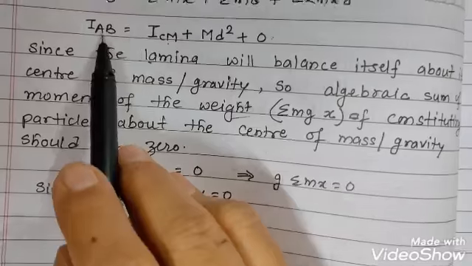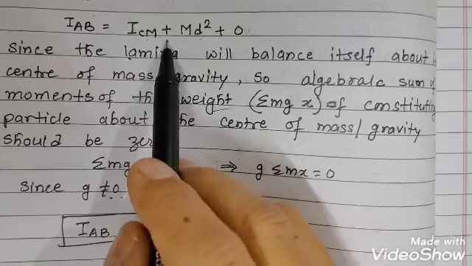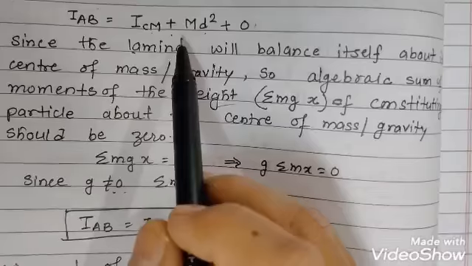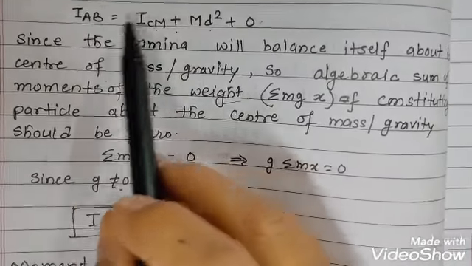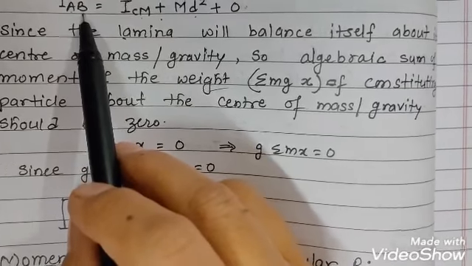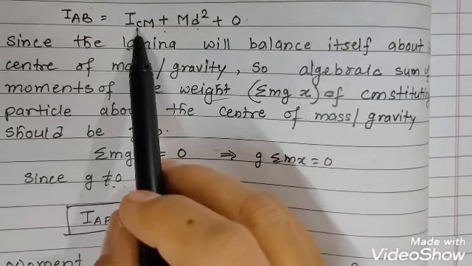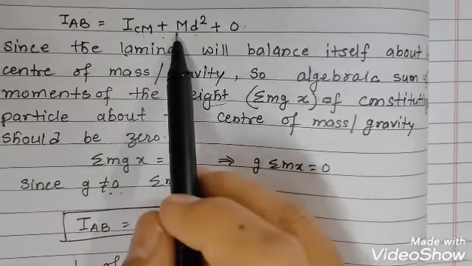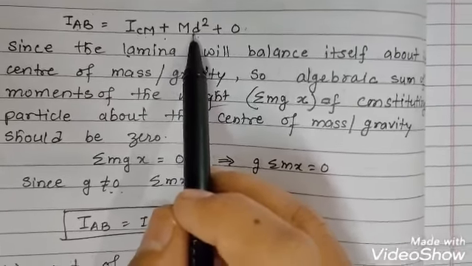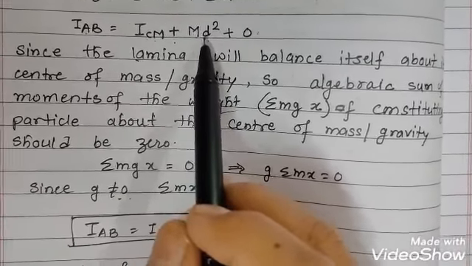Now you will find IAB is equal to ICM plus MD square, and this is the same thing which we have explained already in the theorem of parallel axis, which states that the moment of inertia about any axis, that is AB, will be equal to the sum of the moment of inertia about the center of mass, that is ICM, and the mass multiplied with the square of the distance between the two parallel axes, that is d square.